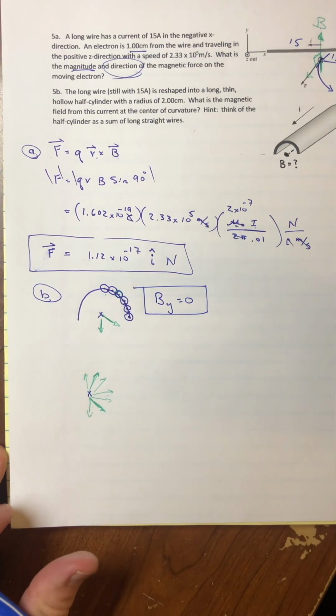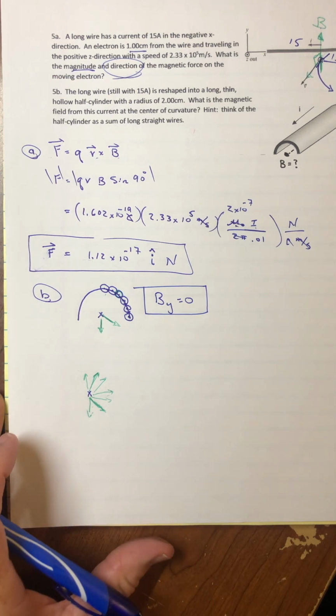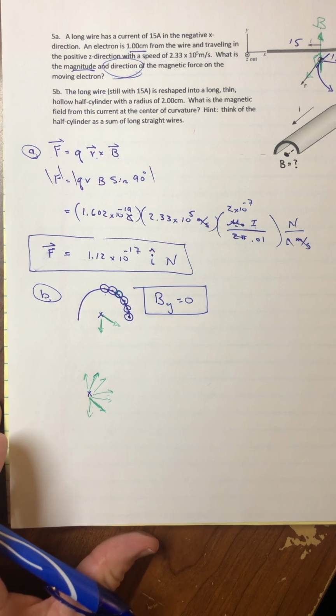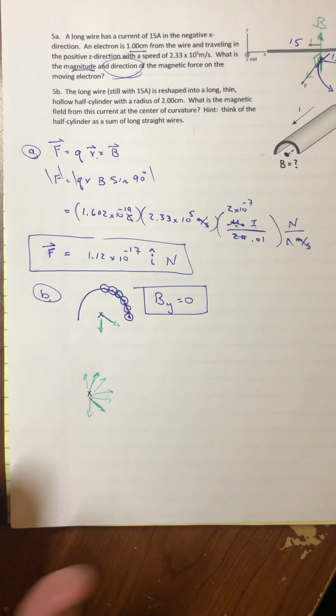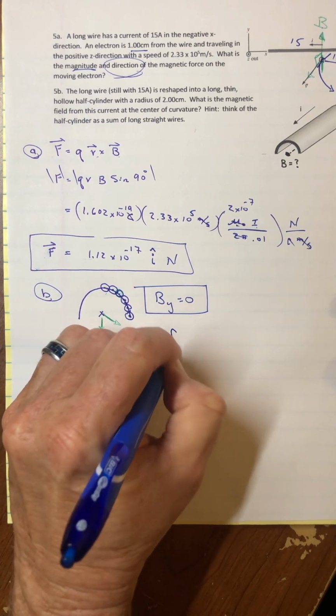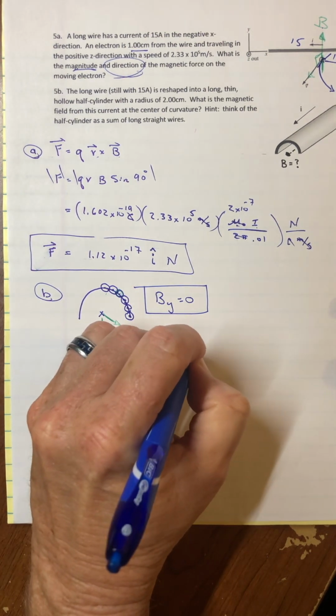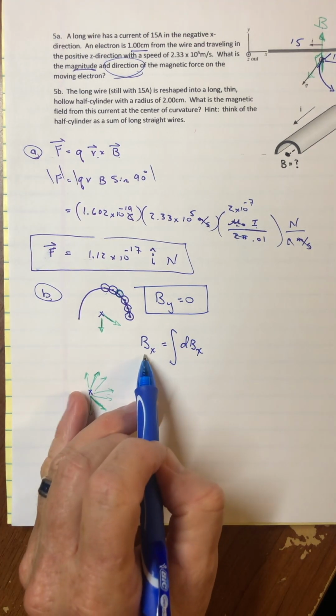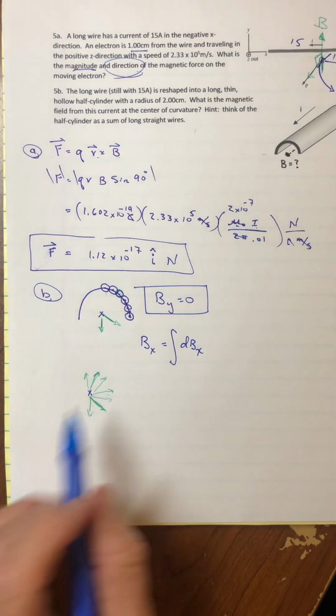There's no point in setting up an integral and doing a complicated calculation. Now, the x direction doesn't cancel off.